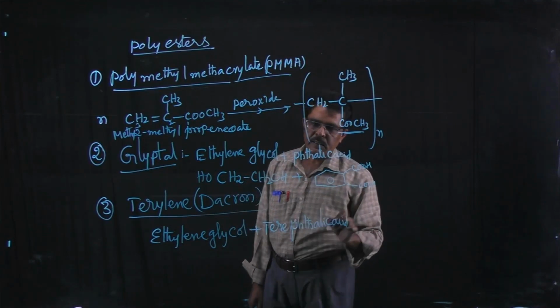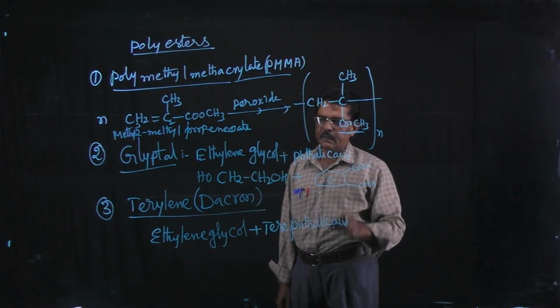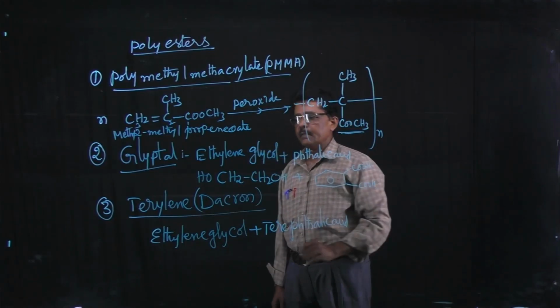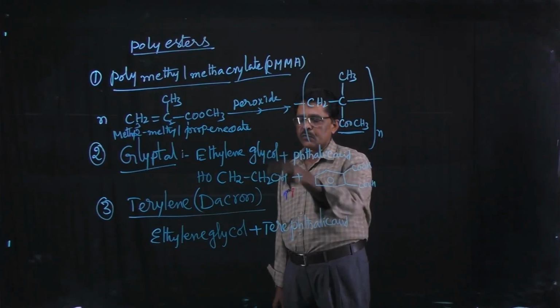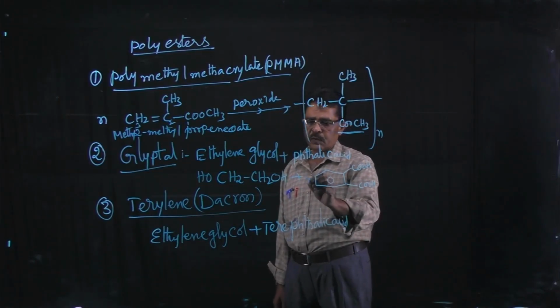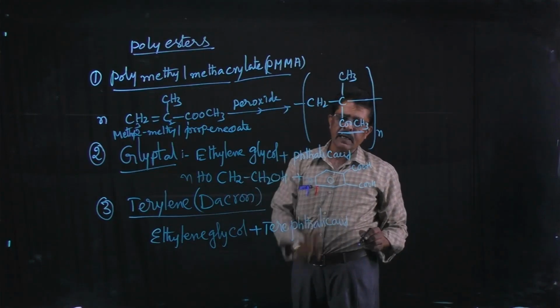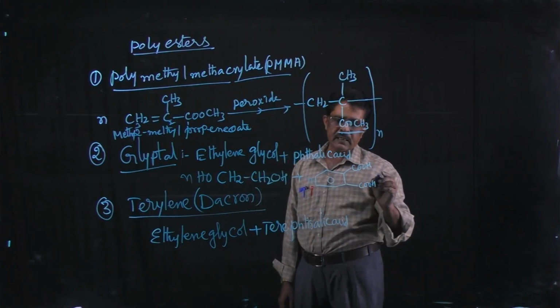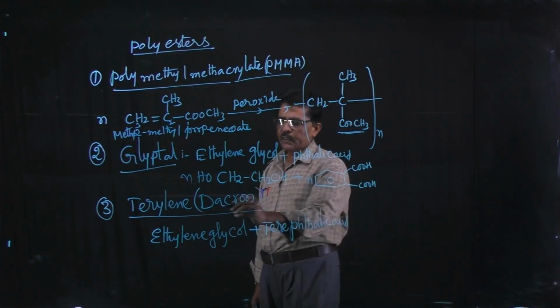Then it is said to be what? Phthalic acid, right? Both 2 monomer units are combined together. N moles of this one and N moles of this one. Ethylene glycol N moles and phthalic acid N moles gives glyptal.